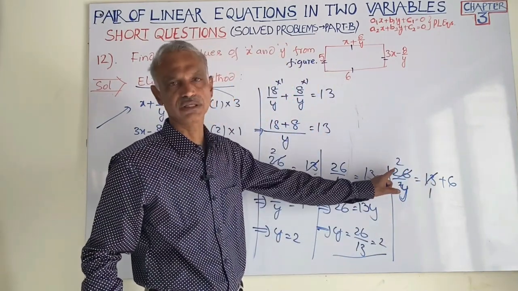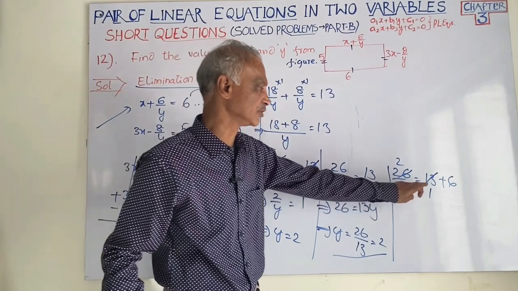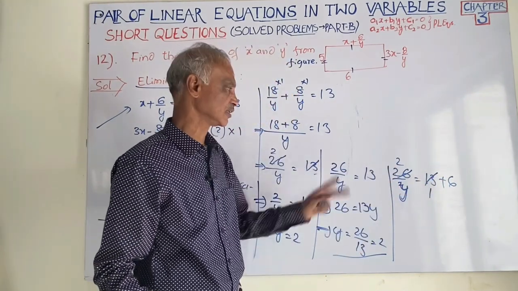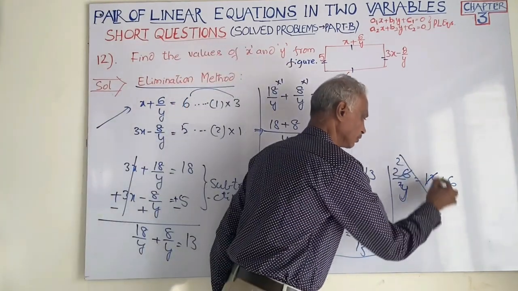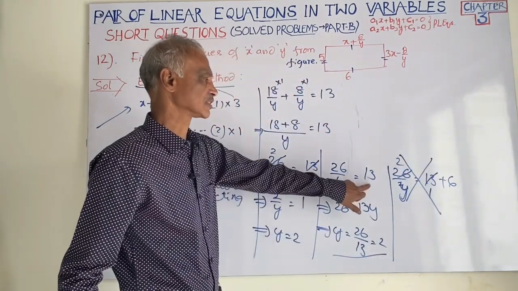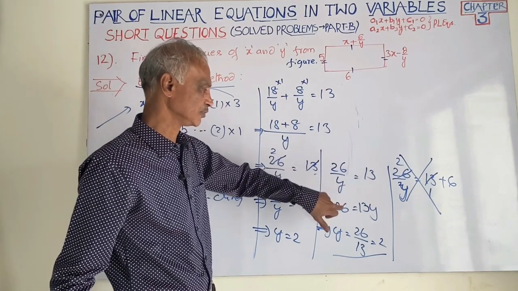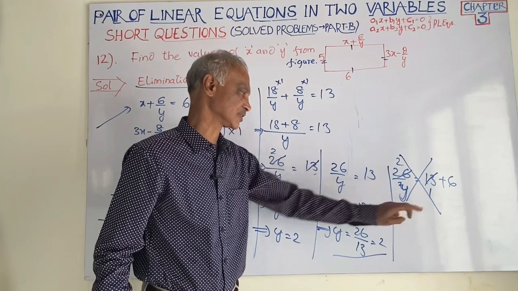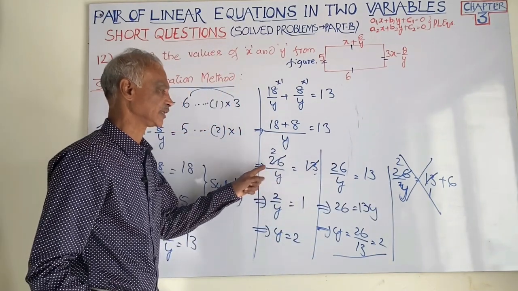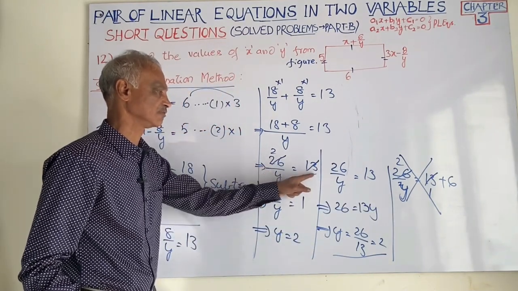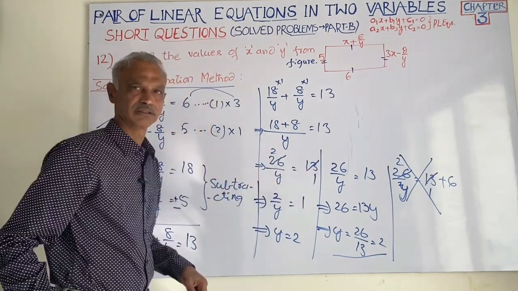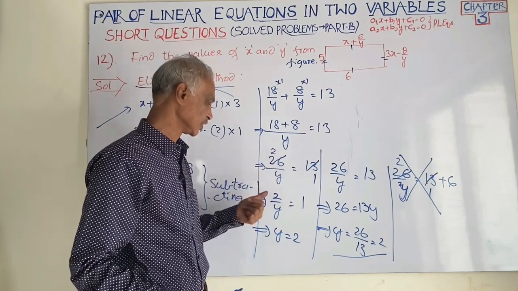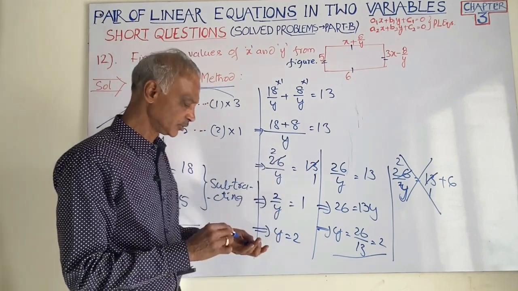This is absolutely wrong. Suppose it is 26 by y is equal to 13 plus 6, you cannot cancel like this. Don't do like this. When it is only 13 on the right side, you can directly cancel 13 ones and 13 twos: 2 by y is equal to 1, y is equal to 2.